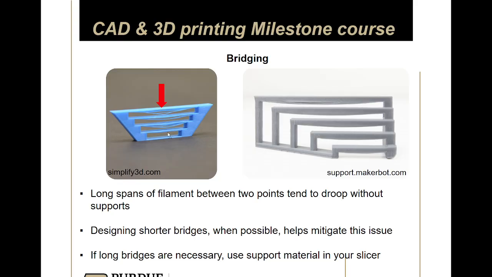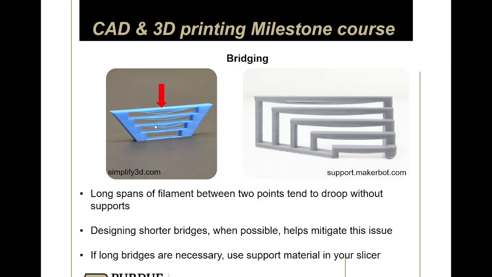You can see the bottom one looks pretty much perfect, but as you get farther and farther away from the two points, you can see there's more and more drooping, right? Again, the material comes out as a molten material. It's very liquidy, not hard, not like a solid material. So it'll start to droop if you don't have really good cooling.